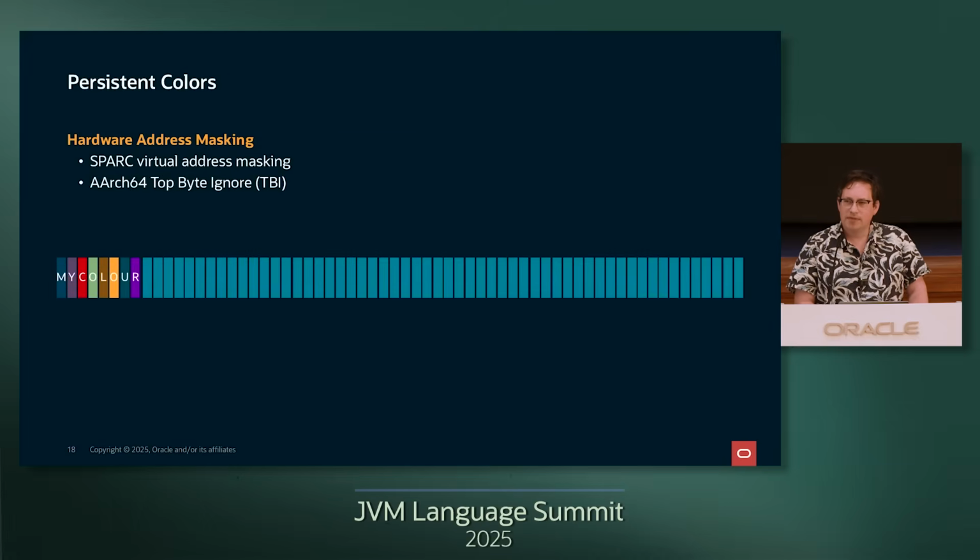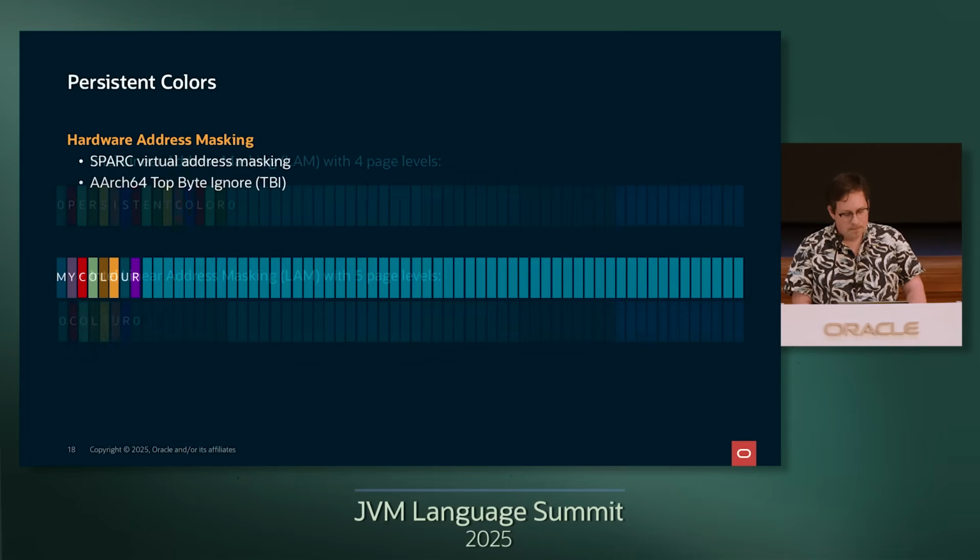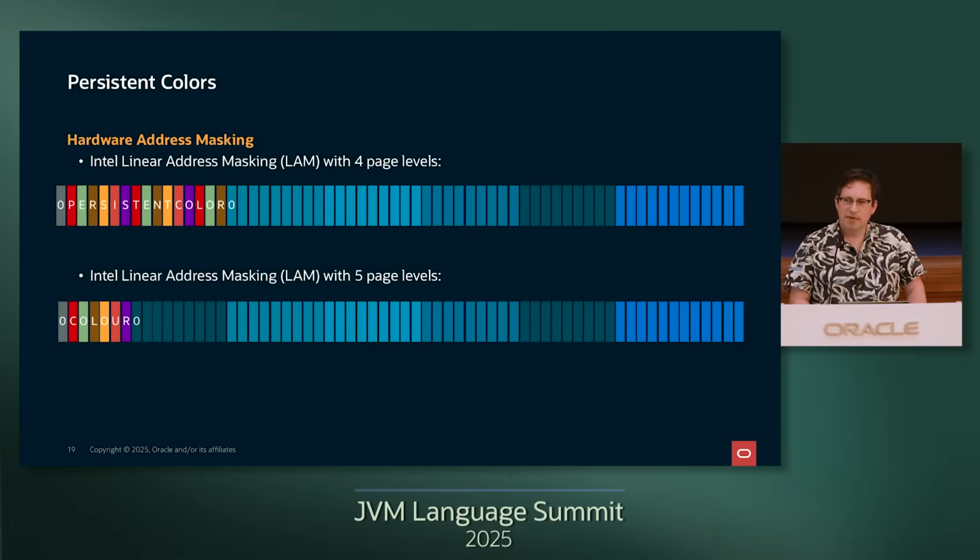Looking at hardware address masking, I think SPARC was the first to have virtual address masking, where you could have a configurable number of high-order bytes that the hardware will just ignore when you dereference a pointer. And then AArch64 has a similar top byte ignore feature that allows you to ignore the high-order byte. On Intel machines nowadays, you get Intel's linear address masking.